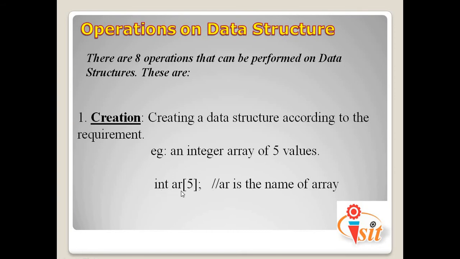So totally 5 variables are going to be created, like AR of 0, 1, 2, 3 and 4, and a total of 5 values we can store inside these variables of type integer. It means that we can create our own data structure according to the requirement, and this is the first operation we can perform on the data structure.